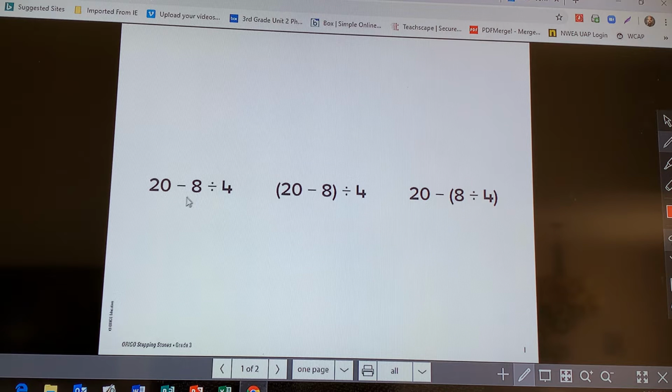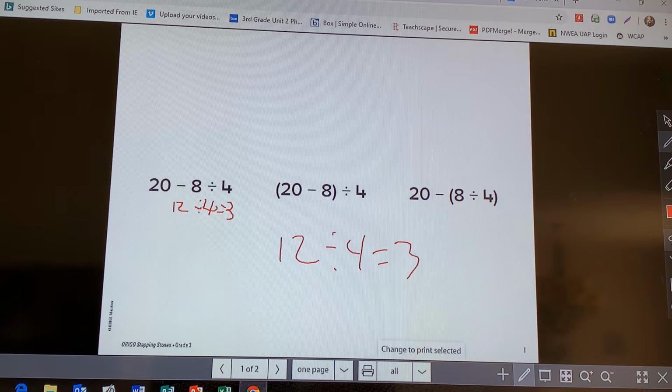So let's start here. 20 minus 8 equals 12. And then if we were to divide that by 4, we would get 3, correct? All right, I'm going to switch over to a different method of writing here. If we take 20 minus 8, we get 12, divided by 4 equals 3.